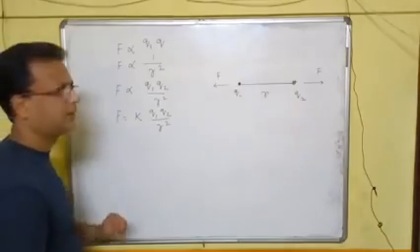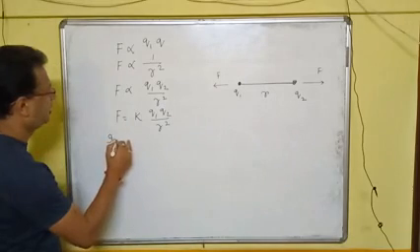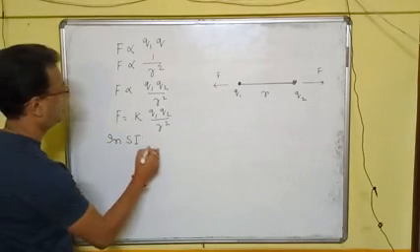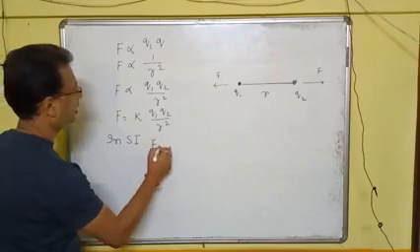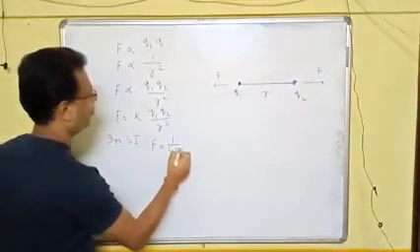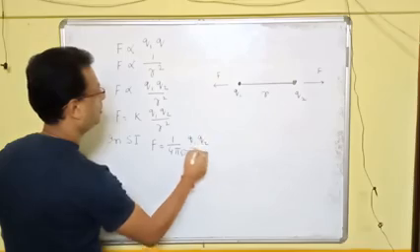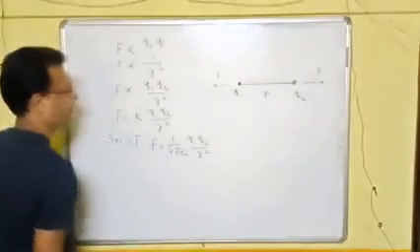Now in SI unit, this constant K you can write as F equals 1 by 4 pi epsilon naught Q1 Q2 divided by r squared.